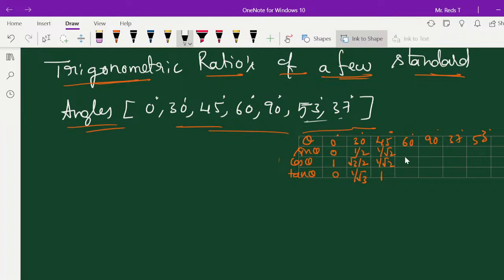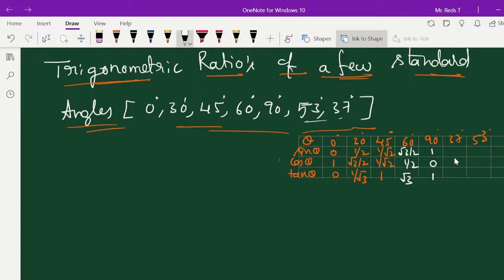Sin 60 is nothing but cos 30, that is root 3 by 2. Cos 60 is nothing but sin 30, that is 1 by 2. And tan 60 is root 3 by 2 by 1 by 2, the 2s cancel, you get root 3. Then sin 90 is 1, cos 90 is 0, tan 90 is sin by cos.